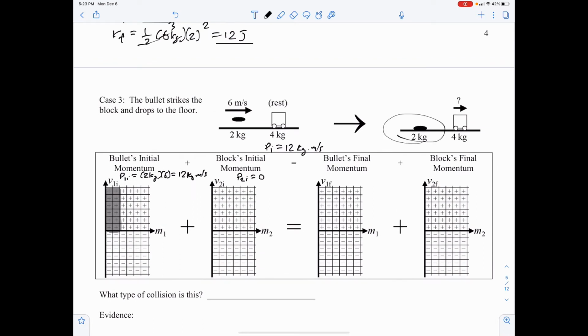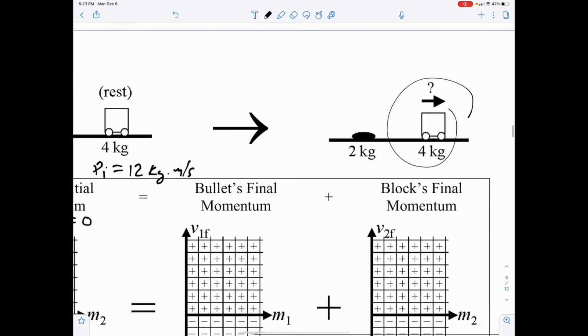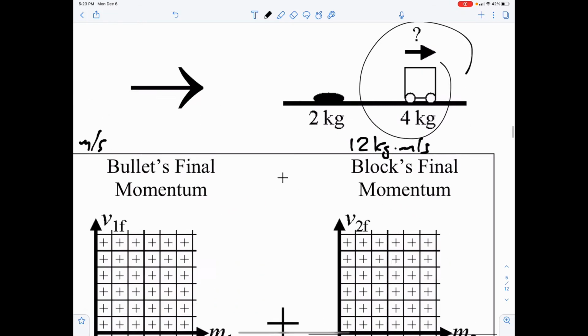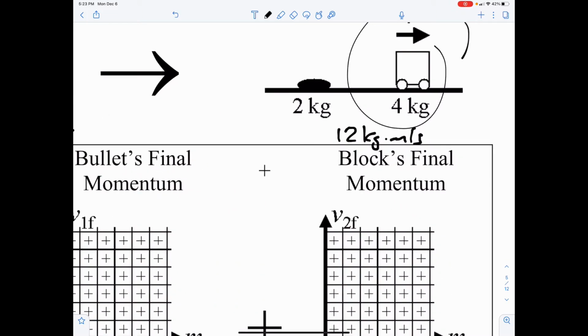Now, the bullet comes to rest, so the bullet has no momentum. What that means is the block needs to carry over the 12 kilogram meters per second. The bullet is not embedded. So the final momentum is 12.